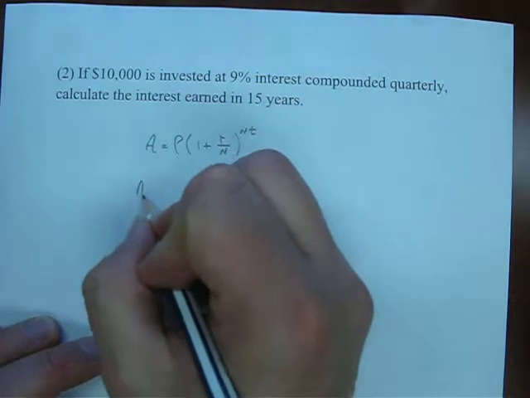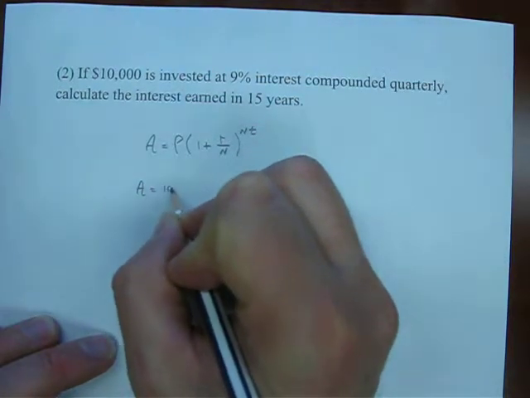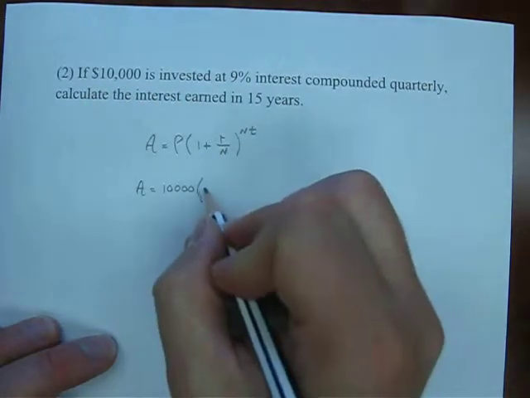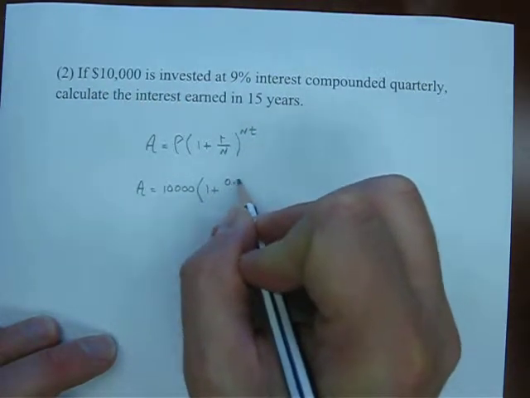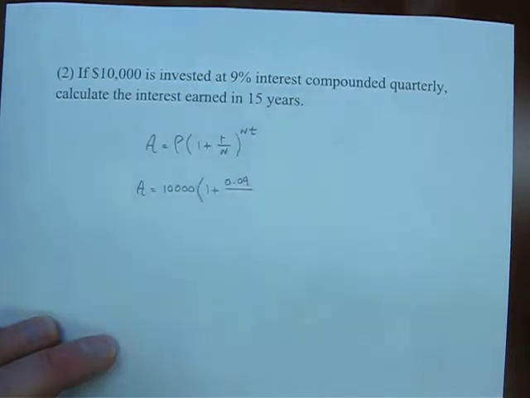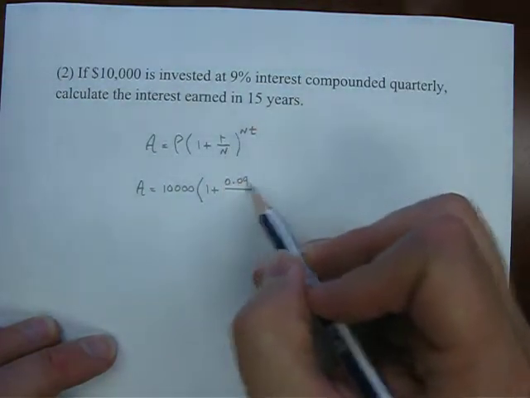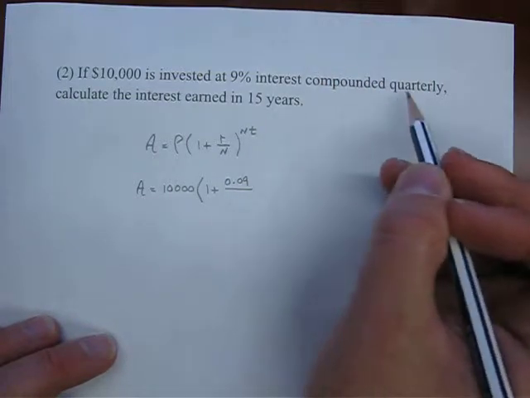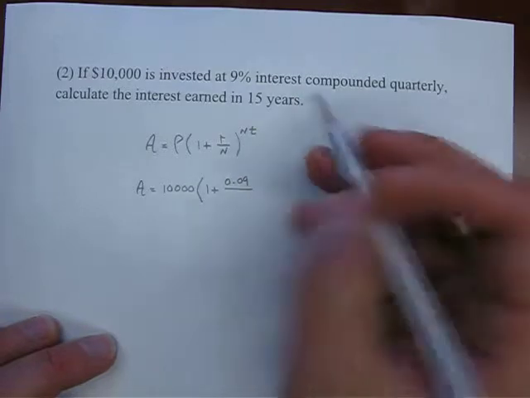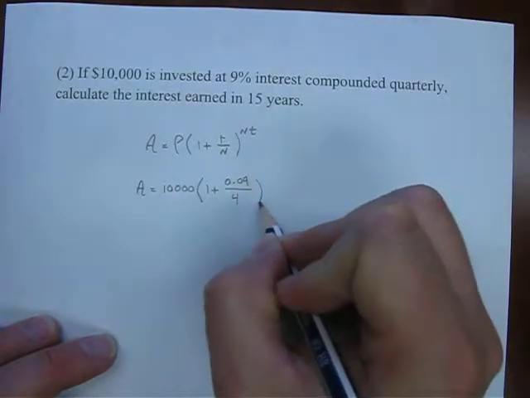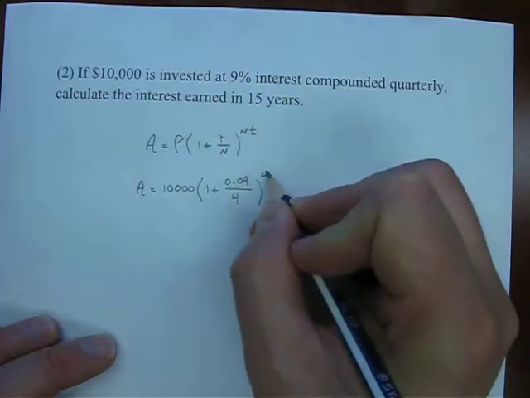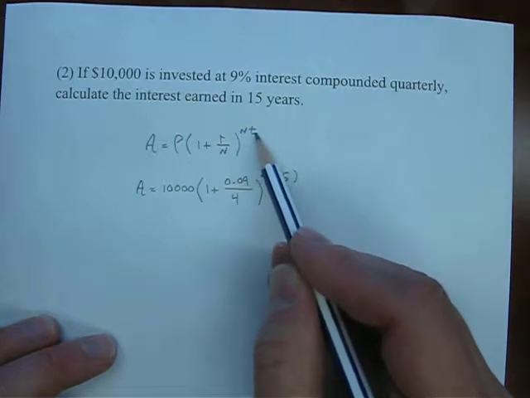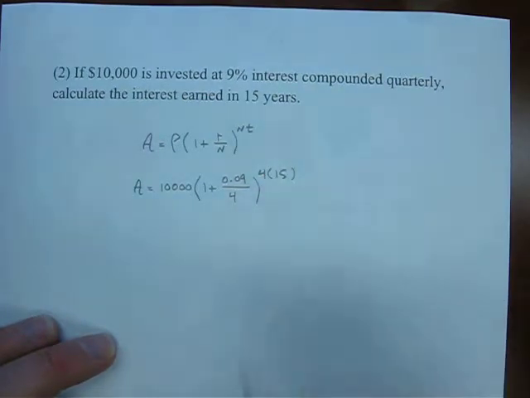I realize that 10,000 is of course the amount I'm investing. My rate, 9%. That's R. 9% is going to be 0.09. Compounded quarterly, I'm compounding the interest 4 times per year. That makes N equal to 4. Okay? And then this power is 4 times 15. N is 4. T is the length of the investment in years, and that's 15 years.